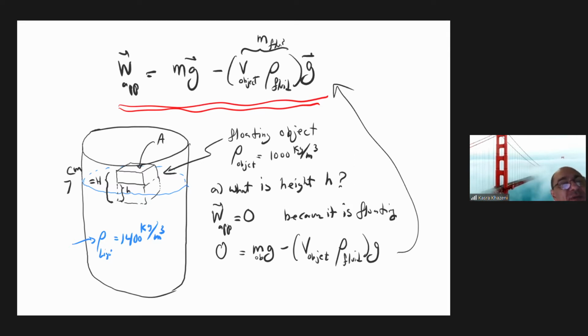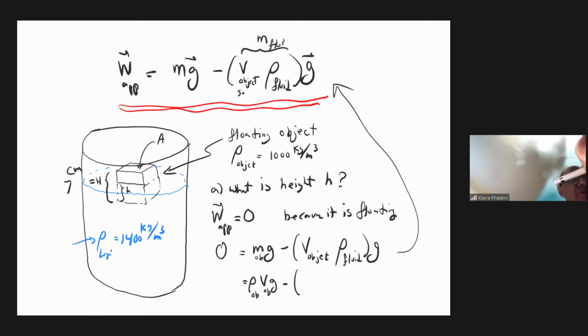The mass of the object is the volume of the object times the density of the object. I should say submerged there on top.